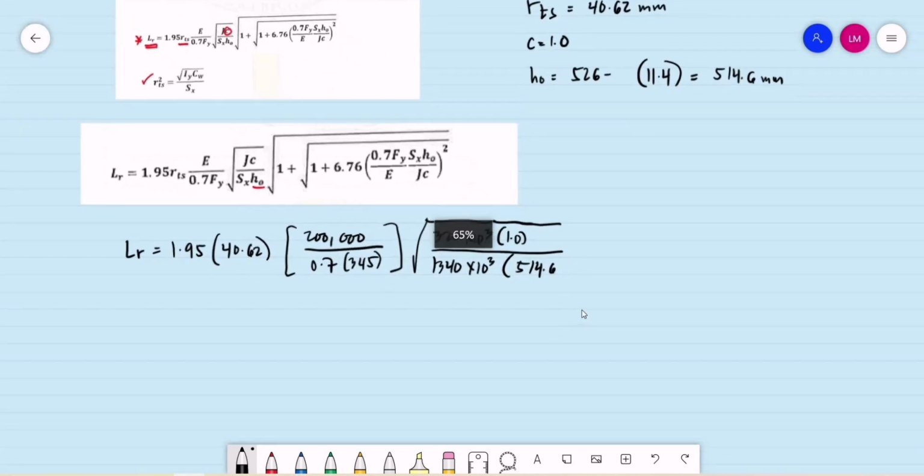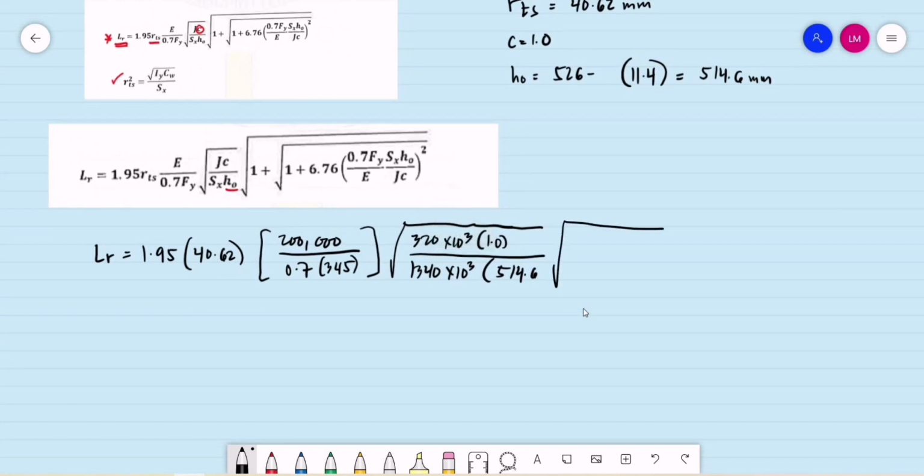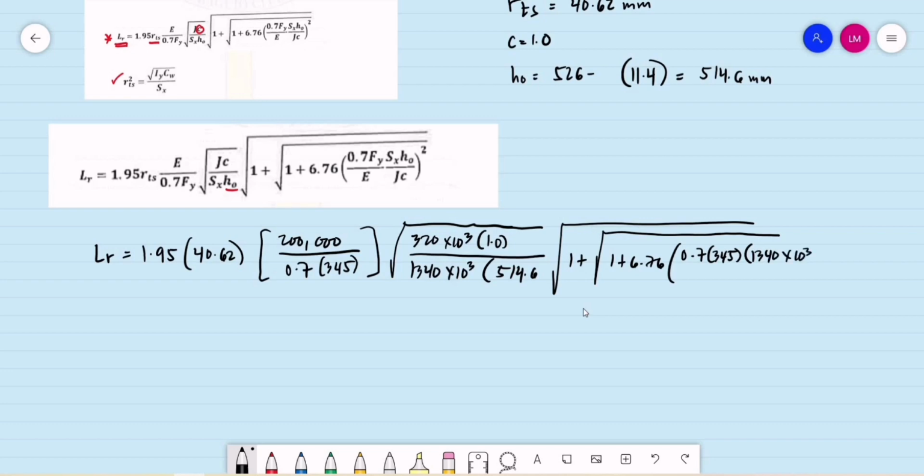This value is to be multiplied by the square root of 1 plus the square root of 1 plus 6.76 times 0.7 Fy, 345, times S sub x, 1,340 times 10 raised to 3, times h sub o, 514.6, divided by the modulus of elasticity, 200,000 megapascals, times J, 320 times 10 raised to 3, times C, simply 1.0. And this value is raised to 2.